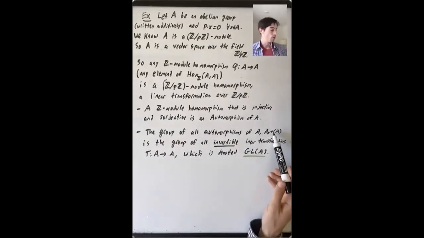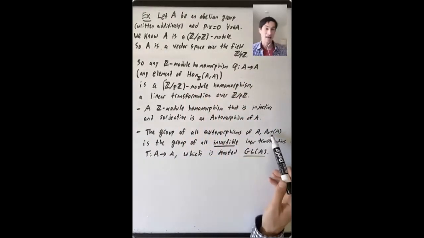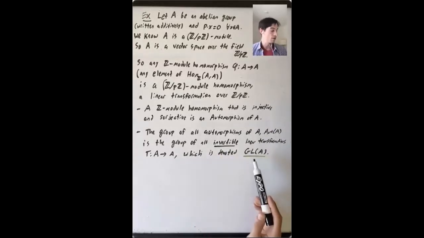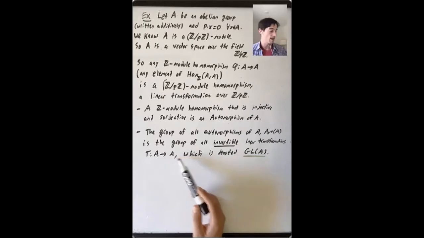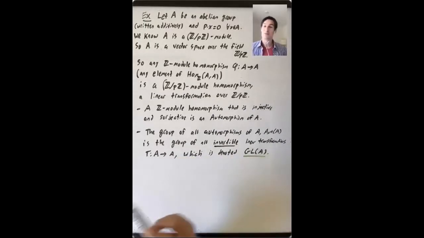So what we're seeing is a correspondence between this subset of the Z module homomorphisms that has this additional structure, the automorphisms. This group corresponds to the group of all invertible linear transformations from this vector space to itself, which is denoted GL(A). So we've used this GL notation for matrices already, the general linear group of n by n matrices over a field.